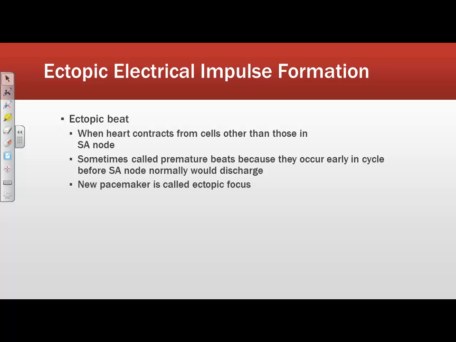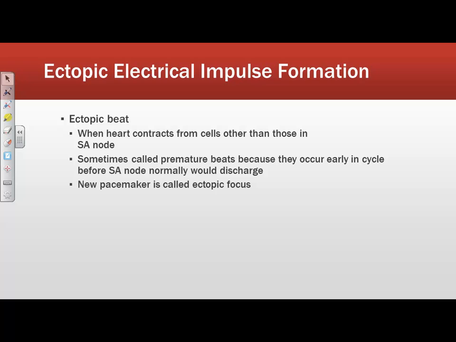So, there's going to be a couple of terms that I want you to tuck into your mind that we're going to talk about more when we get into rhythms, but you need to know these base terms. When we have normal firing, SA to internodal to AV to bundle of His to bundle branches to Purkinje fibers, all right, that is a normal conduction.